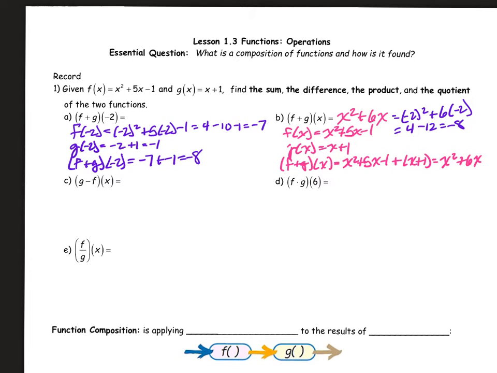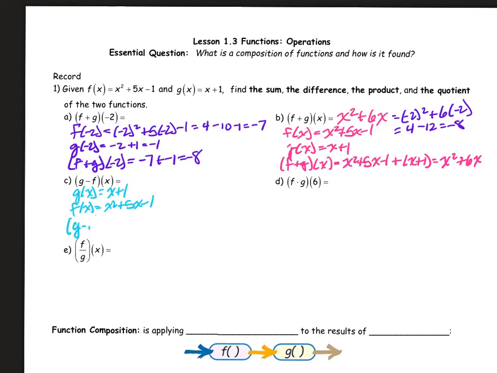Okay, so next problem says g minus f of x. So g of x equals x plus 1, and f of x equals x squared plus 5x minus 1. And then they want g minus f. Let's see if I can write. I think I did this wrong when I was writing it out also.